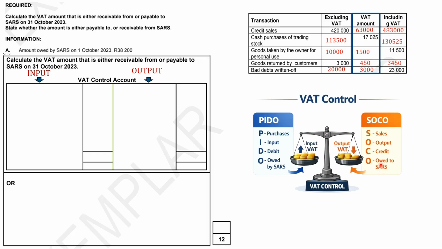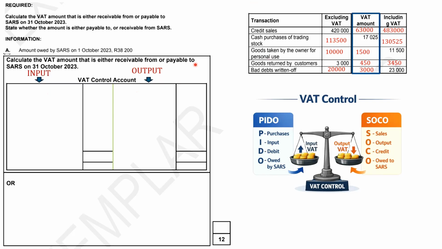That means that if our balance brought down is on the output side, the amount owed to SARS, that means it's the amount we need to pay to SARS. So that's the amount payable to SARS. I hope you understand. Feel free to go back in the video and rewatch me explaining this, because this is very important. This really helps you understand what amount goes on which side.